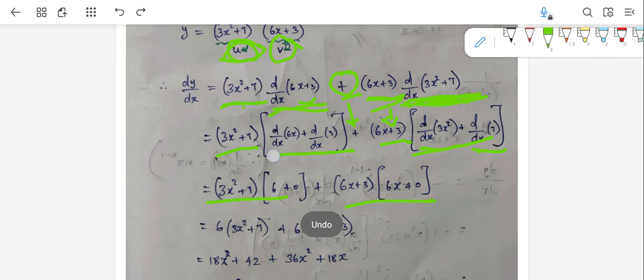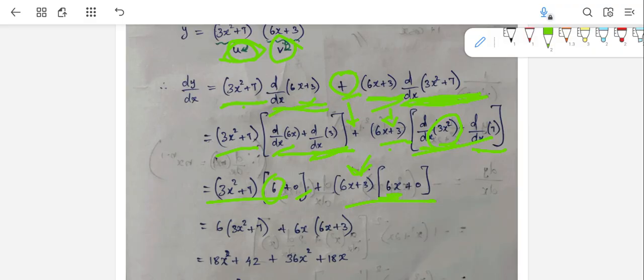Easy only, right? So d by dx of 6x means 6. d by dx of 3 means it's a constant, so 0. So plus same 6x plus 3. Here 3x square means it is 6x.